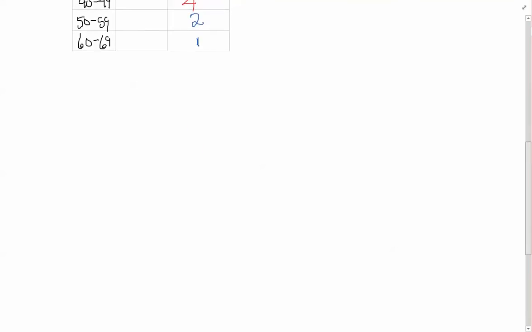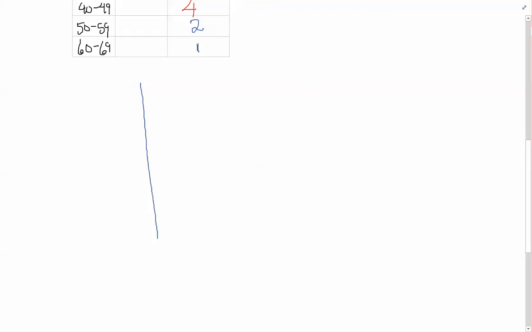Now we want to graph this. I'm going to set up my grid, and on here we have time in minutes, and frequency, or the number of students.